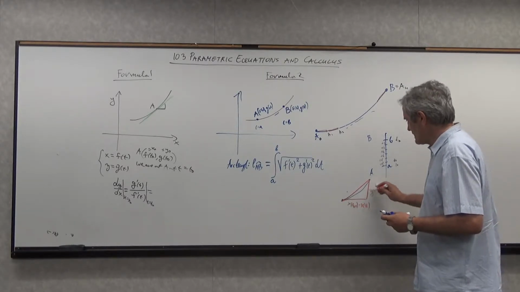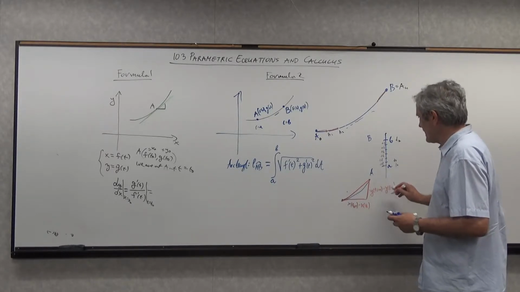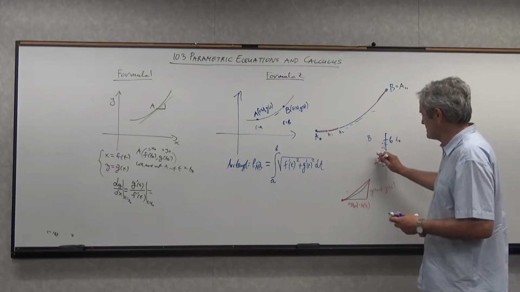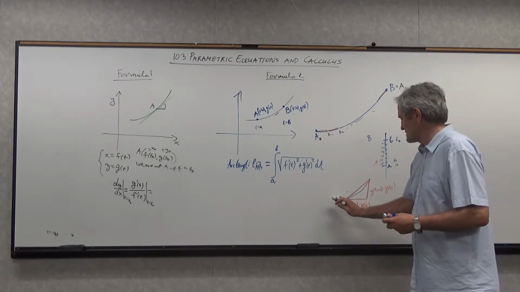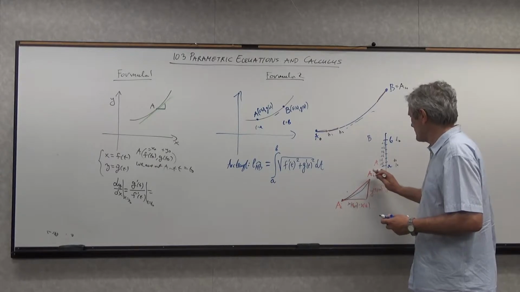And this would be y of t(i+1) minus y of ti. So this is between point Ai and point A(i+1).